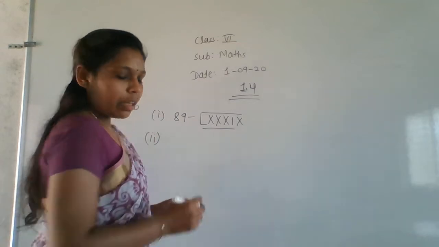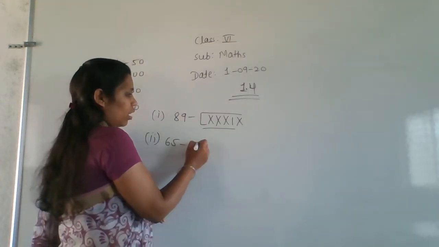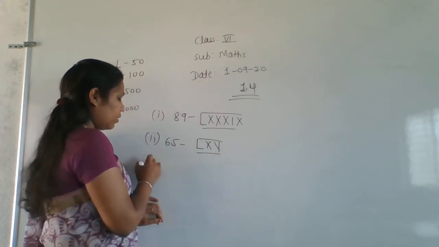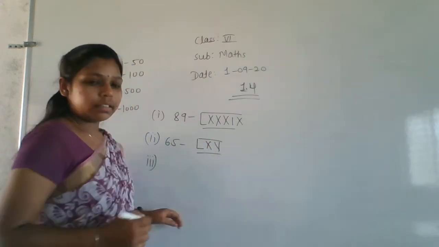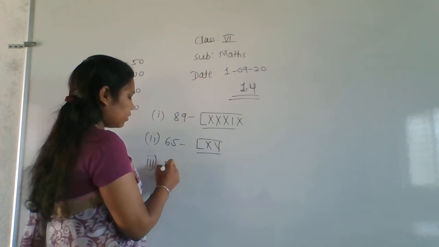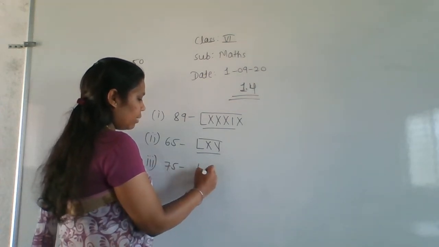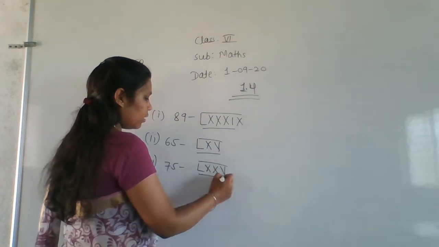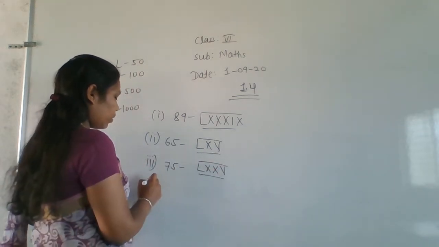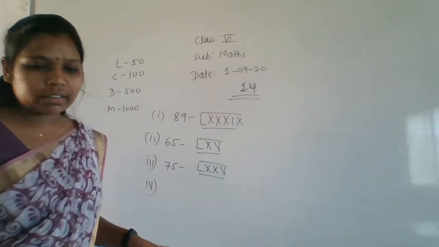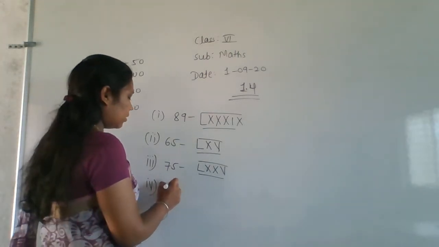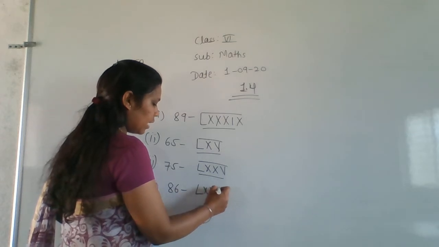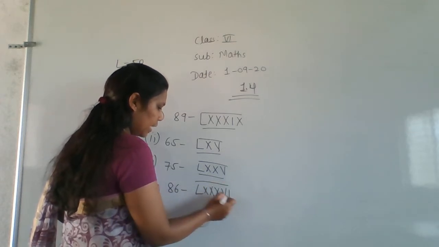That is 65. L X 5. 65. Third one, 75. 75 means L X 5. Next, fourth one, 86. 86 means L X 6.